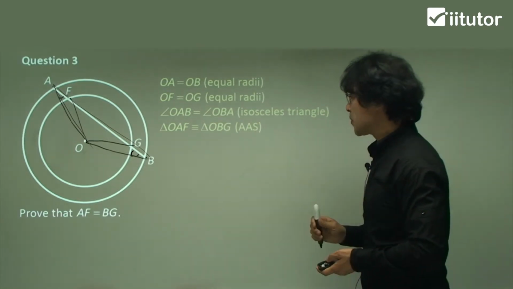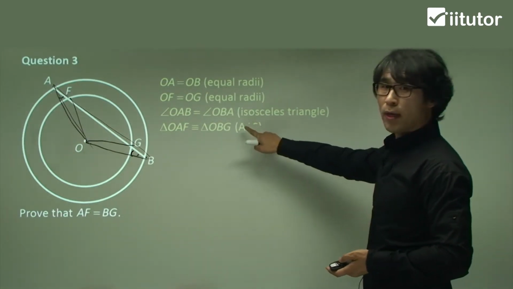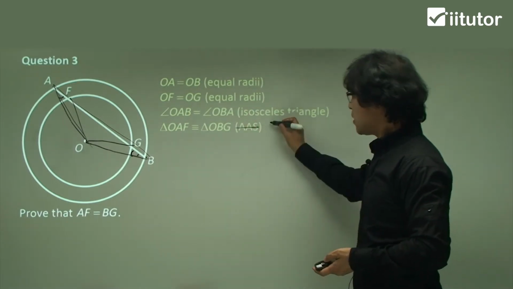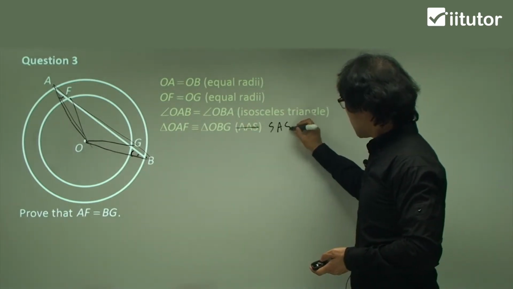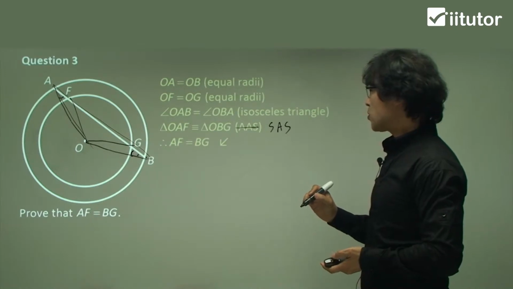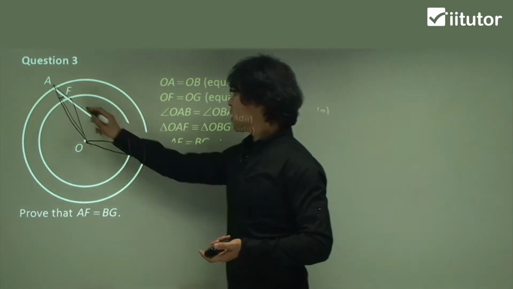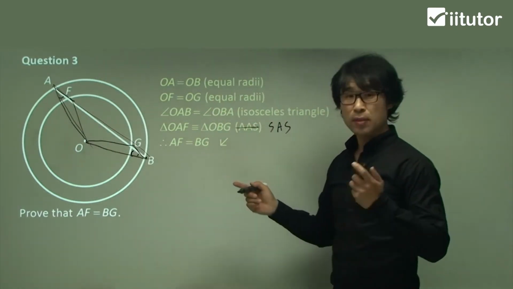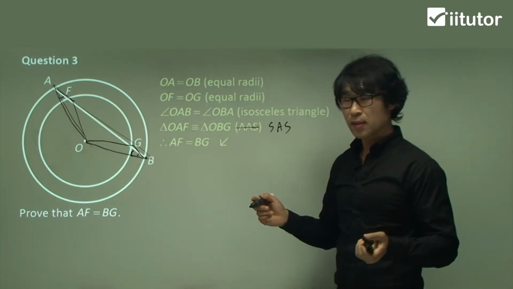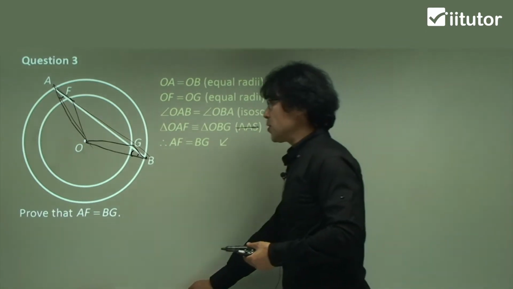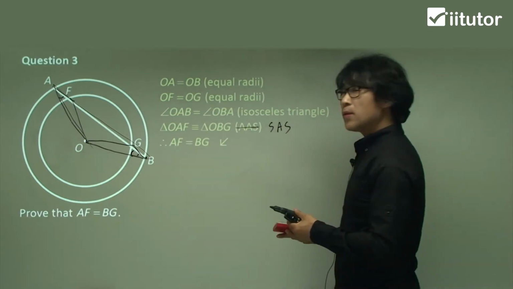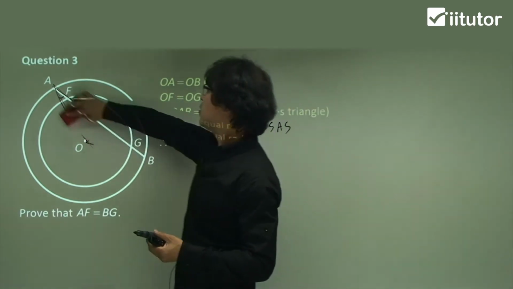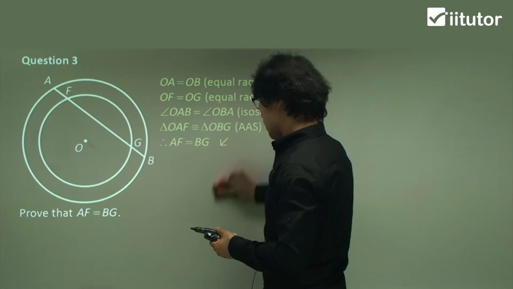Sorry, it should be SSA or SAS. That's not correct. Okay. So side AS. Now, what are you going to do now? Therefore, the corresponding side must be equal. That's how you write it. Understand it? It's quite simple. It's very simple, but took a little time to consider in writing.